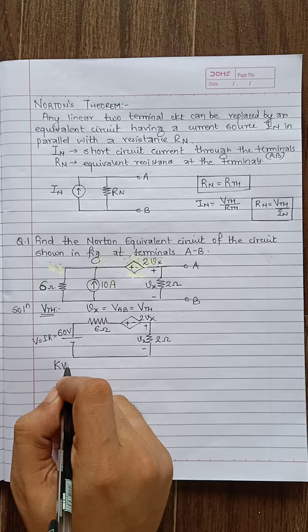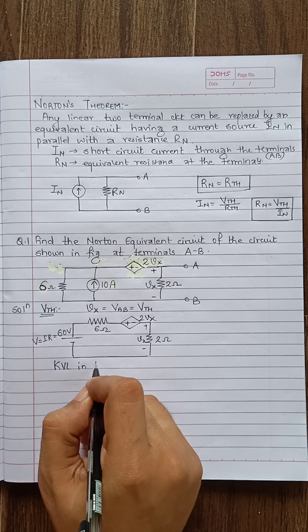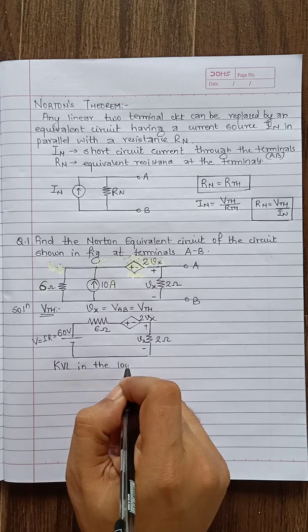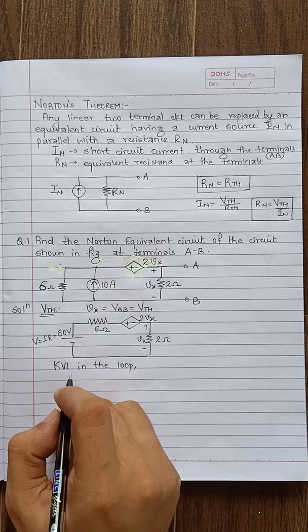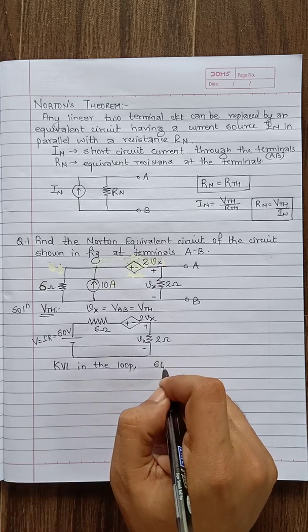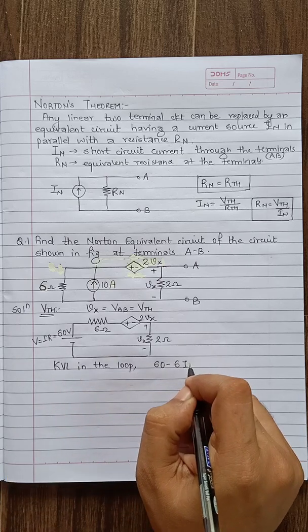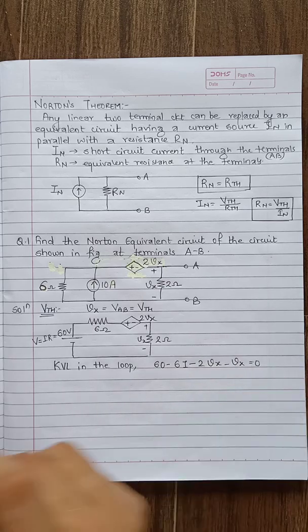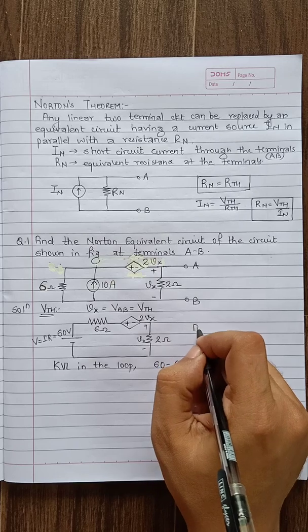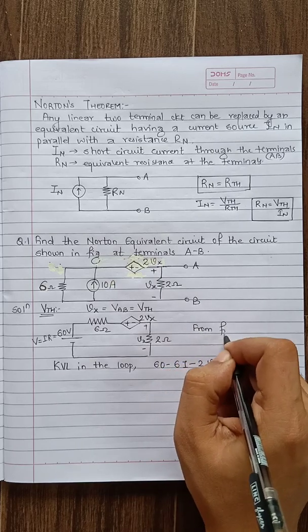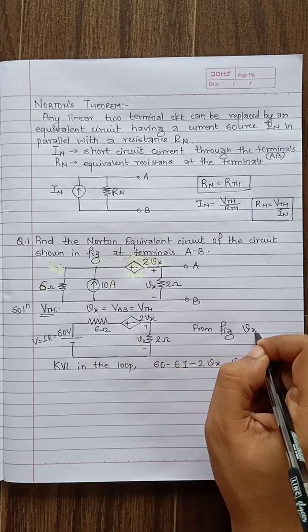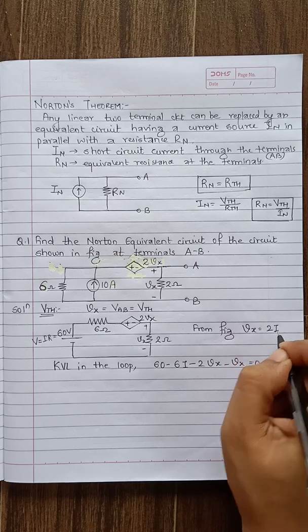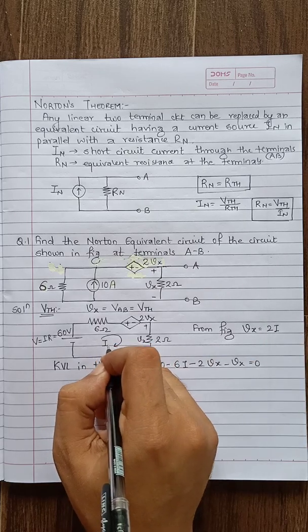Applying KVL in the loop, we'll get 60 minus 6i minus 2 times Vx minus Vx is equal to 0. Now from the figure I can say Vx is 2 times i, assuming the current is flowing as i.